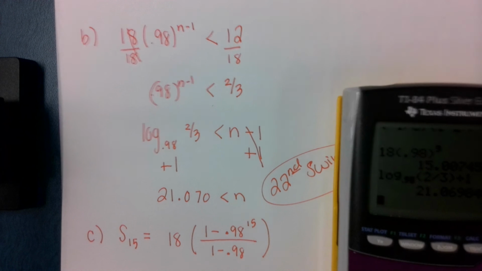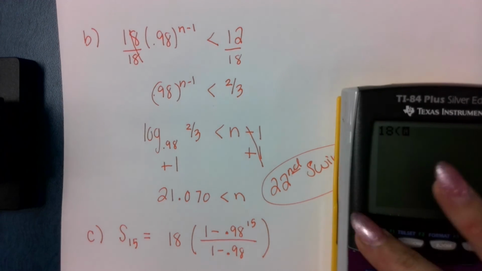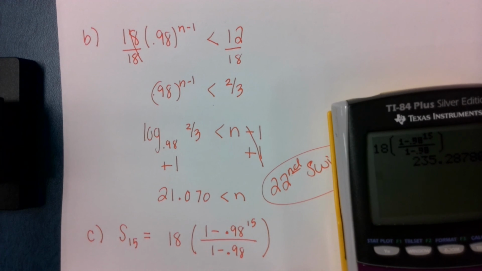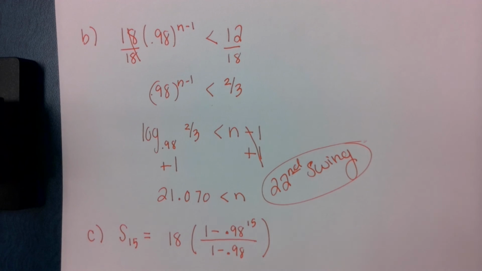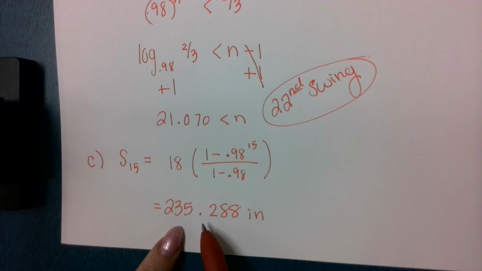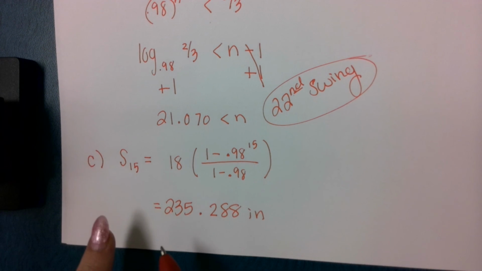So I'm going to go ahead and plug that into my calculator. 18 times 1 minus 0.98 to the 15 over 1 minus 0.98, which gives us 235.288 inches. So after 15 swings, it's going to have moved a total of 235.288 inches, right, when we add up all of those swings together.